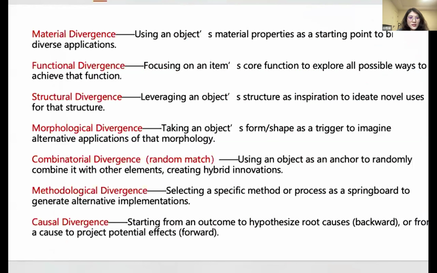Also, following the case study, we can see the first-tier keyword deconstruction. Here there are a few divergences you can think about, like material, function, structural, combinational, casual, etc. I want to mention that it's not only this, because you need to follow your topic to do the first field circle.